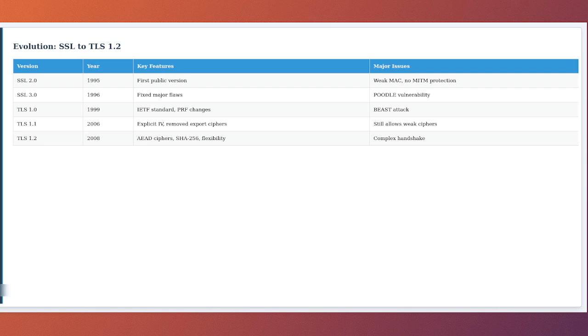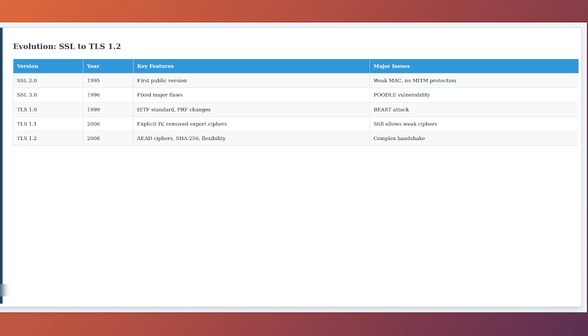Secure Sockets Layer 2.0, released in 1995, was the first publicly released version, but it had serious security flaws. It used weak message authentication code construction, had no protection against man-in-the-middle attacks during cipher negotiation, and used the same key for authentication and encryption.